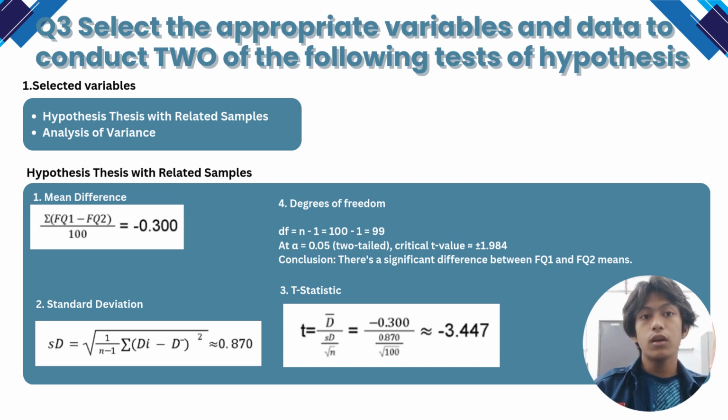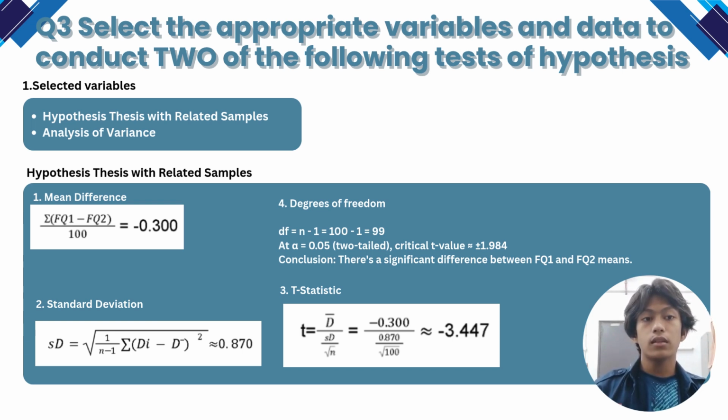Next, we compute the t-statistic, a measure that compares the observed difference to the variability in the data. Plugging in the numbers, we got a t-value of approximately minus 3.447. To interpret this, we compare it to the critical t-value of 1.985, which is the cutoff for significance at a 95% confidence level with 99 degrees of freedom.